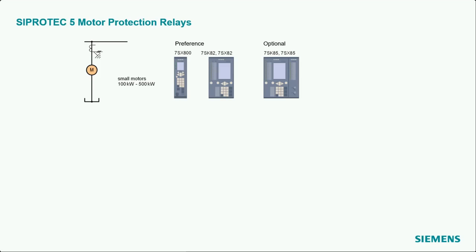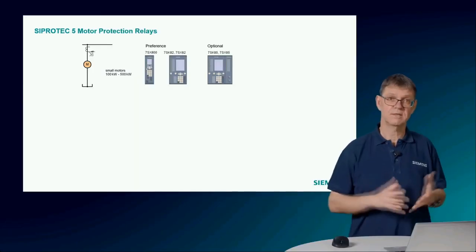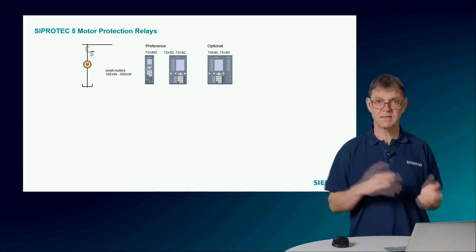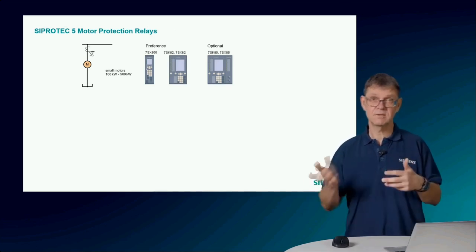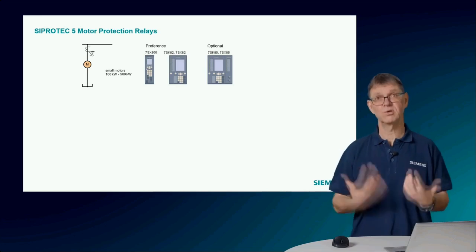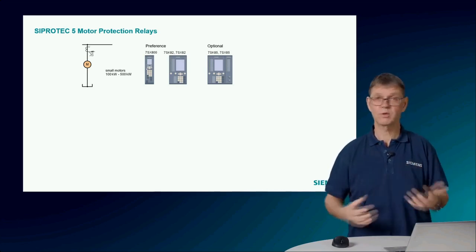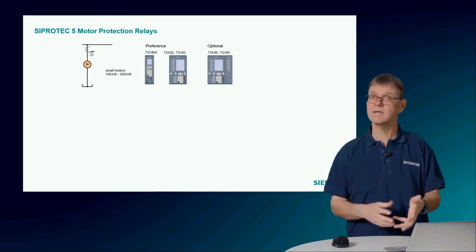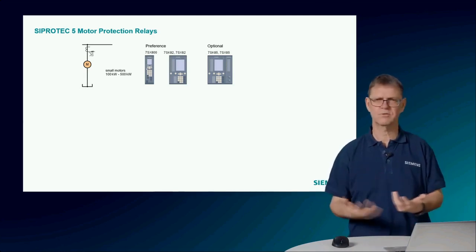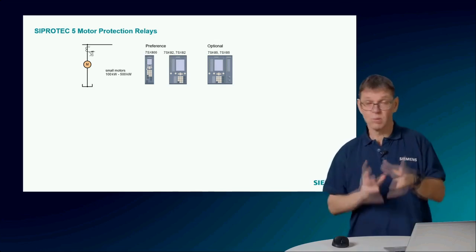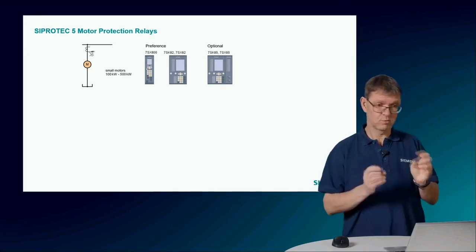Maybe quickly some words about the naming. So the SK, 7SK82, 85, these are dedicated motor protection relays, whereas the 7SX85 and 7SX82 we call universal relays. So it's a relay where you can put whatever function you like inside. So we have a large variety of combinations available. And also the motor protection, therefore I put them also here.